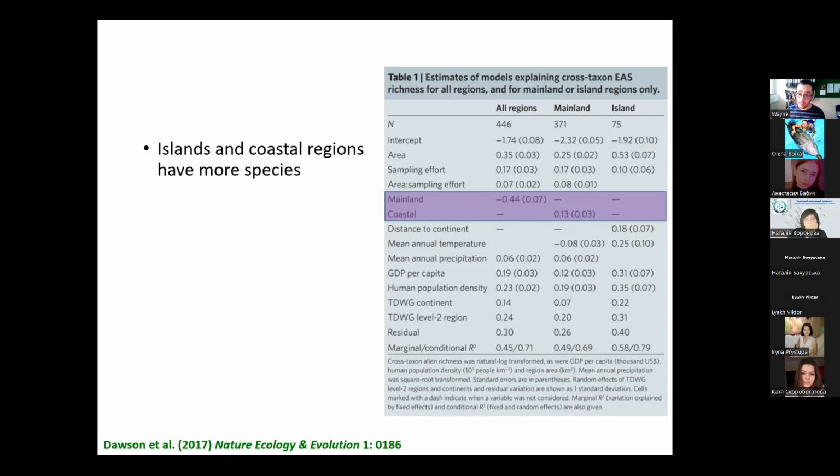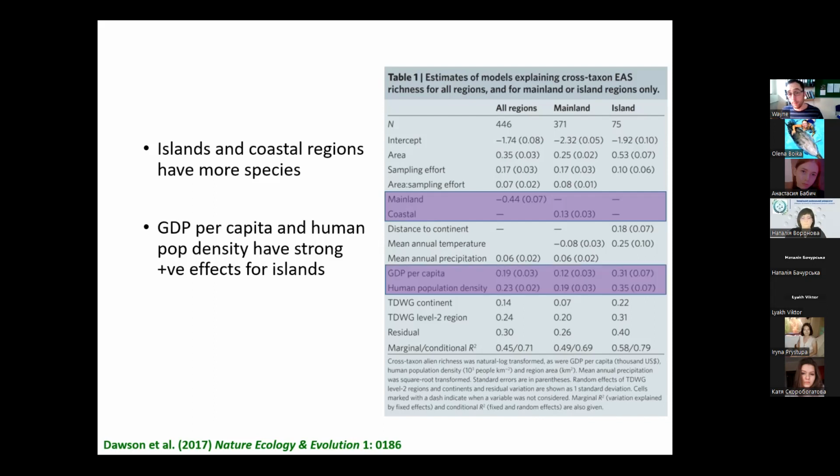And remember, this is after taking into account in a model things like GDP per capita and population density, but those are also important on their own in a positive way. So the bigger the GDP and the more dense the human population, looking across all regions, we have more species that are introduced and establishing.